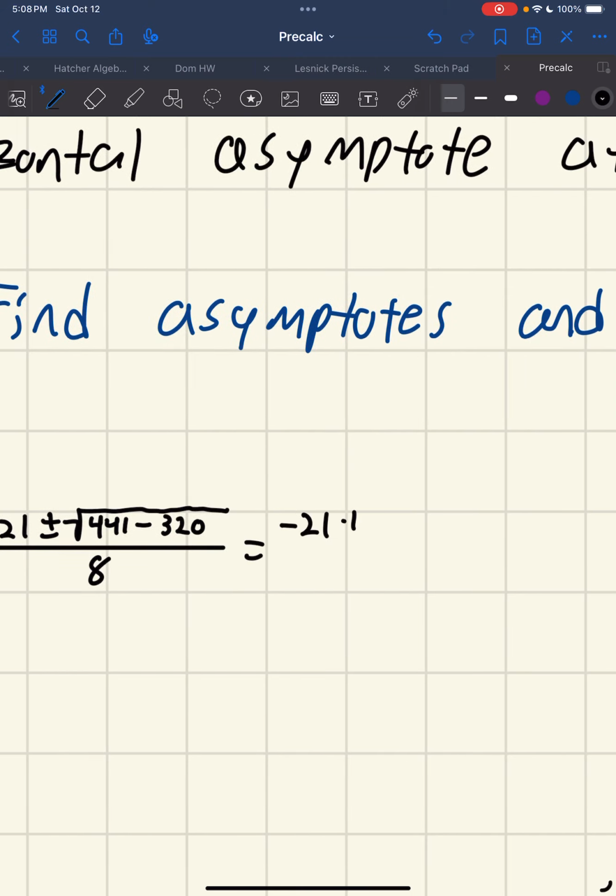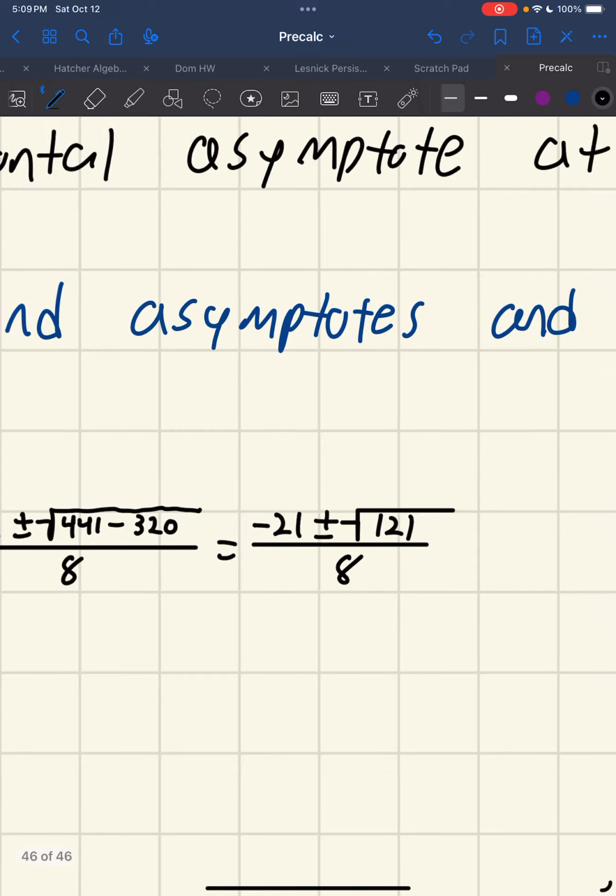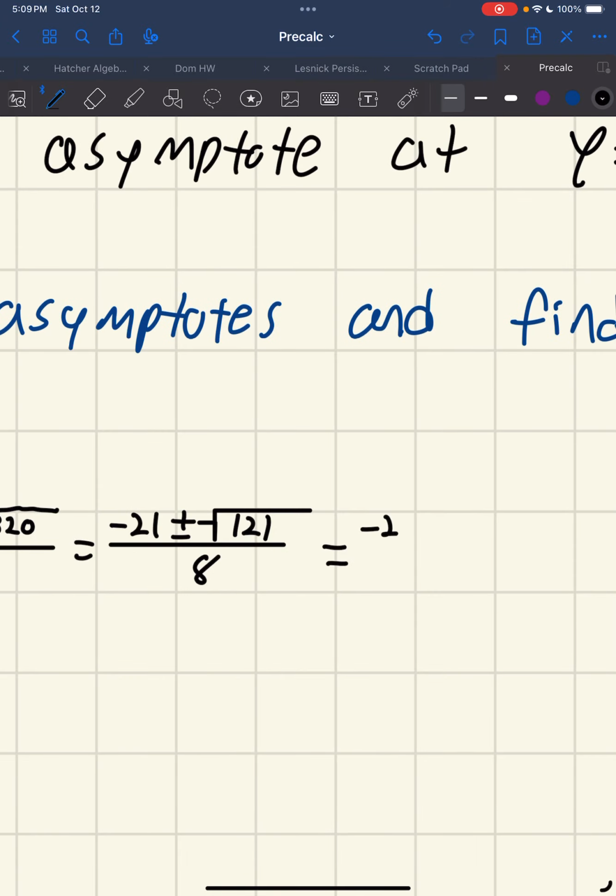Negative 21 plus minus square root of 441 minus 320. It's actually quite nice. It'd be 121. That is a perfect square, all over 8. So we're getting negative 21 plus minus 11 over 8.